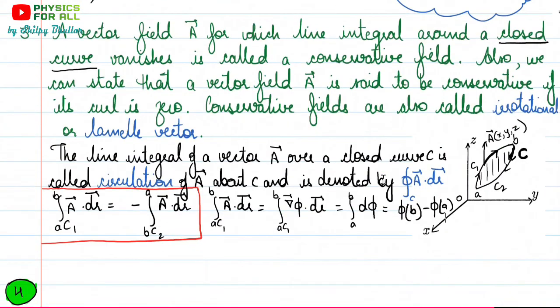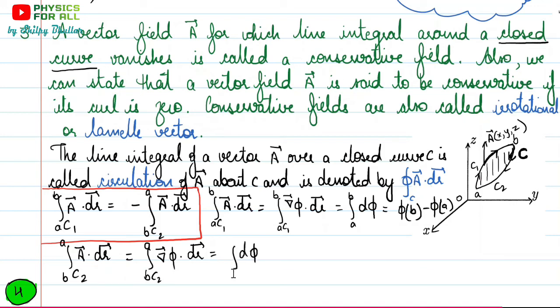And now what would be the answer for A dot dr along curve C2? Now it's going from B to A and the curve is C2. In that case, again, we would have B to A along curve C2 of del phi dot dr, which would give us d phi.